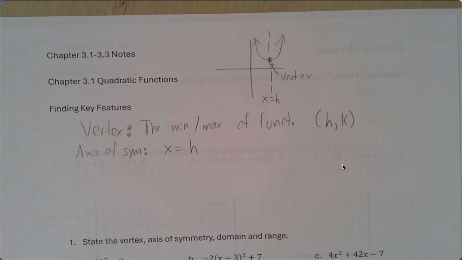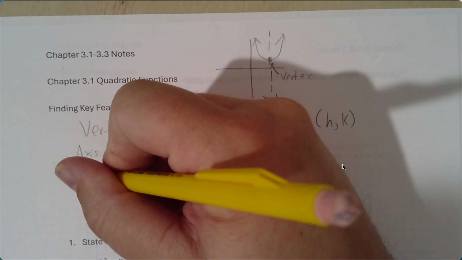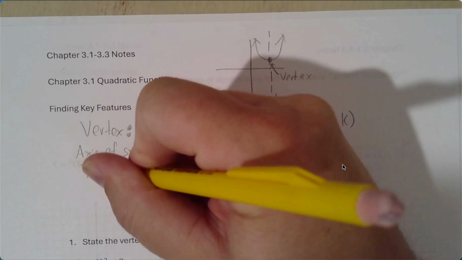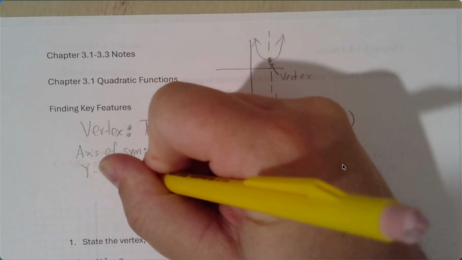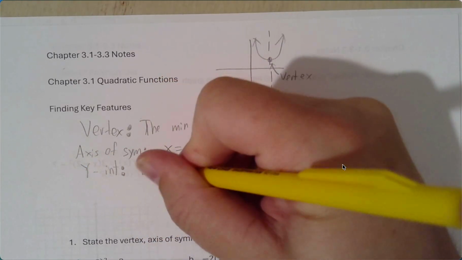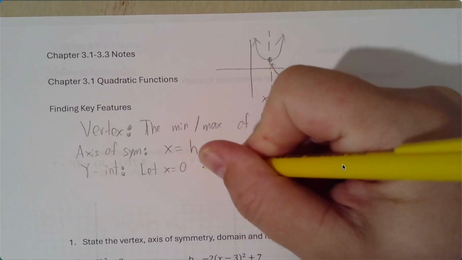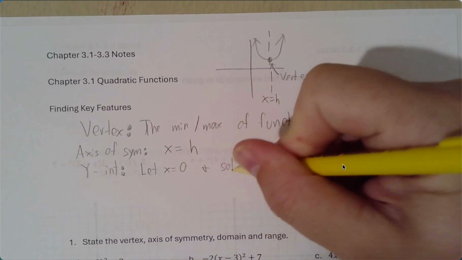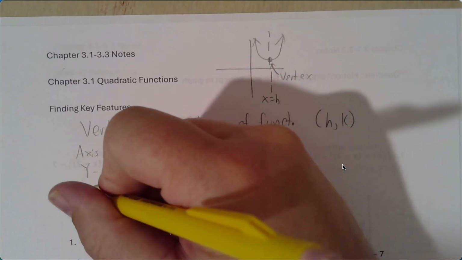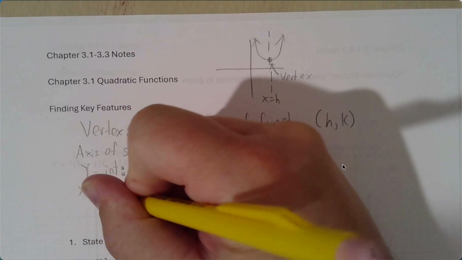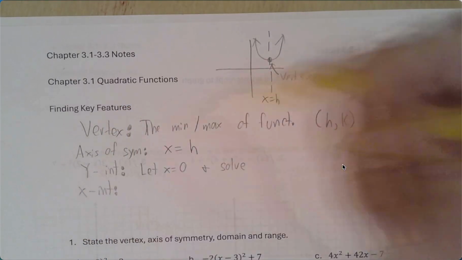Now every quadratic has a y-intercept. And we know how to get that. We simply let x equal 0 and solve. And then the harder one is the x-intercepts. Not every quadratic actually has x-intercepts.